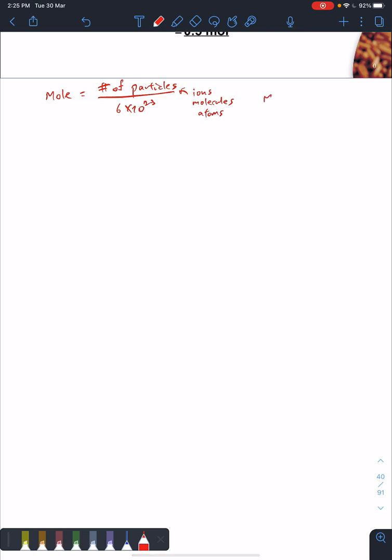And the second formula that you learn is mole equal to mass over AR or MR, depending on whether it's an atom or a molecule. So atom means it's alone. For example, Mg is an atom. Molecule means more than one. So perhaps NaCl, MgCl2, CO2, for example.